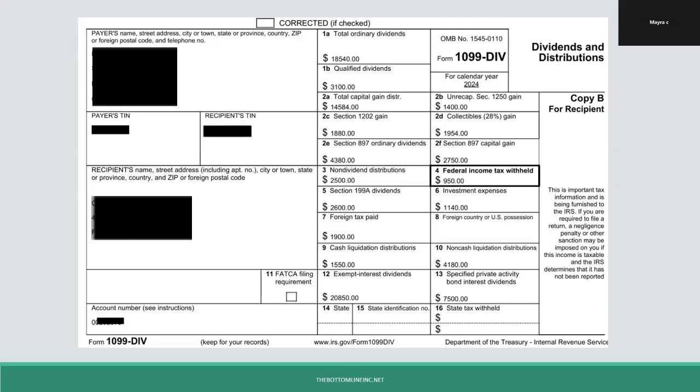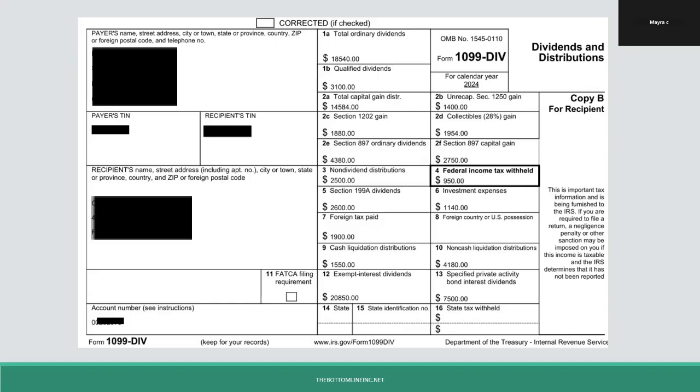You're not going to see most of it. The main things you're going to see are box 1A, 1B, and 2A. I'm going to focus on box 1A because a lot of the other ones can get convoluted. So 1A is ordinary dividends, and 1B is qualified dividends.